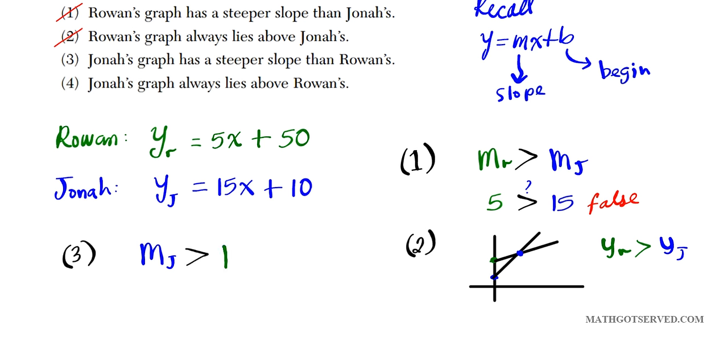Is that the case? Well, let's go back to our lines here. The slope of Jonah's graph is 15. Is 15 greater than the slope of Rowan's graph, which is 5? Is 15 greater than 5? Absolutely. So that tells us that our answer is option number 3.